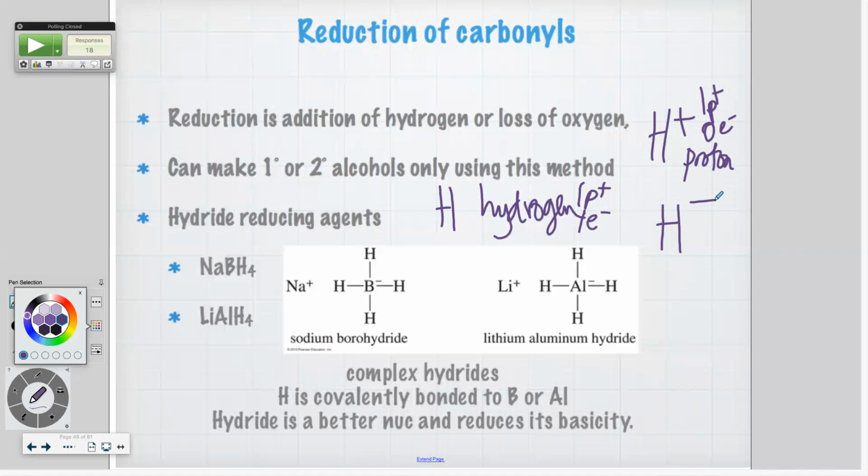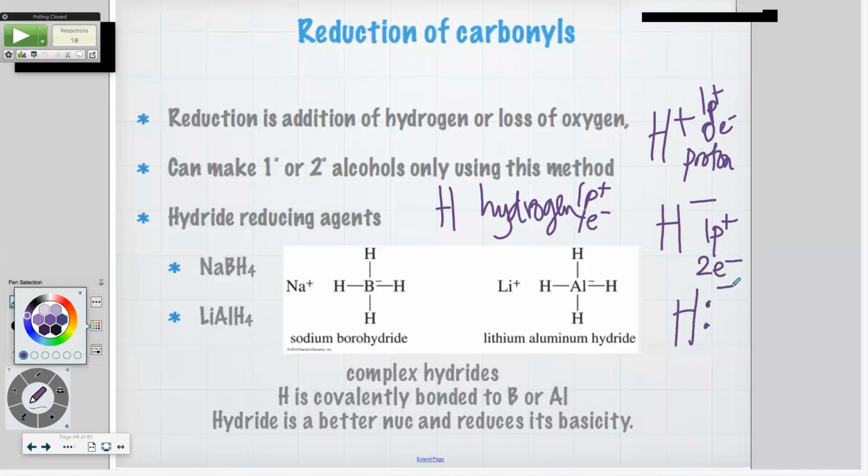So it can be positive or negative. It only has 1 electron to start with, so hydride has 1 proton and 2 electrons. Sometimes it gets written with the lone pair. Okay, that's hydride. All these things are going to transfer an H minus to your carbonyl compound.